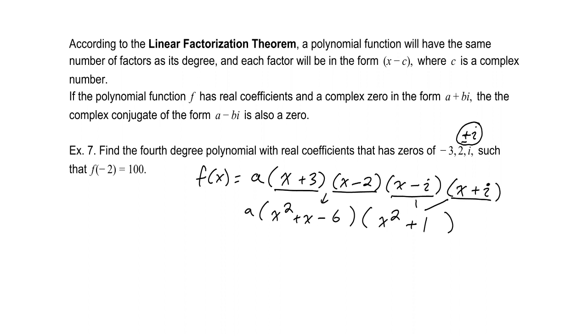All right, so that will give us a times x to the 4th, and I've done a little bit of scratch work in advance, so that's plus x cubed minus 5x squared plus x minus 6.